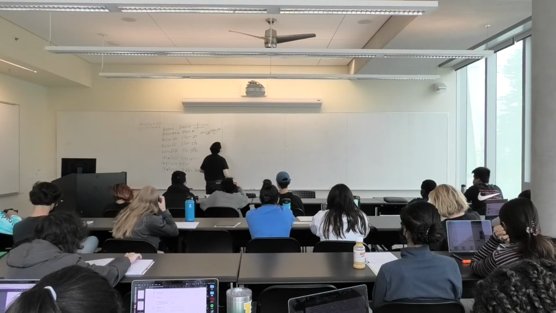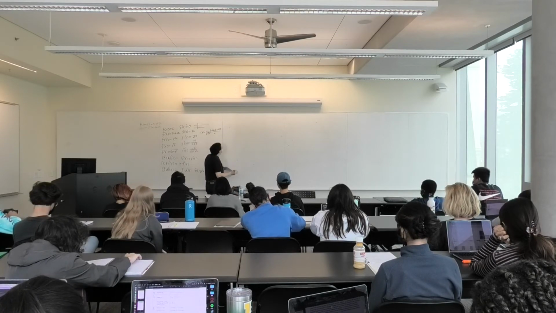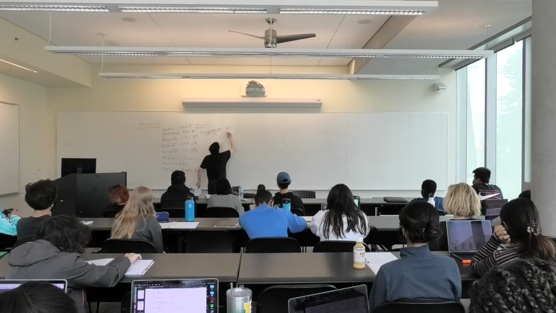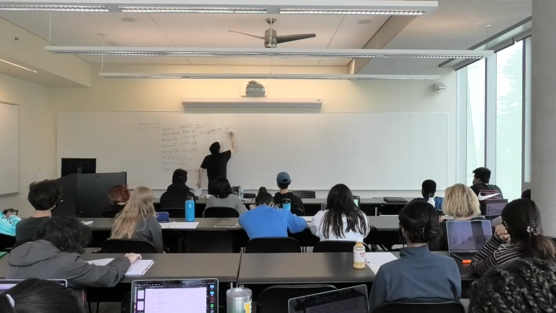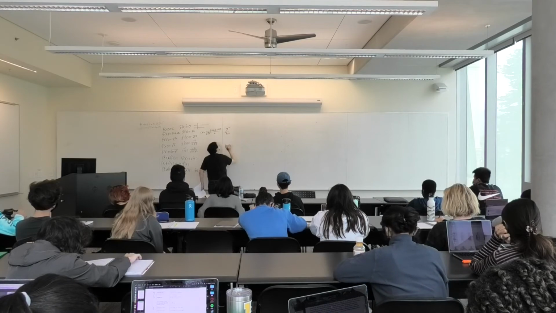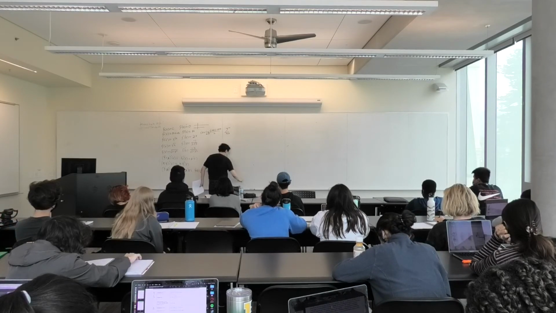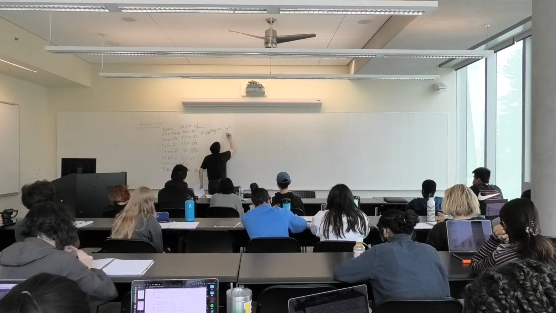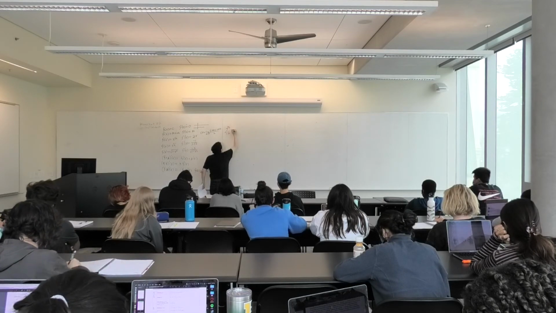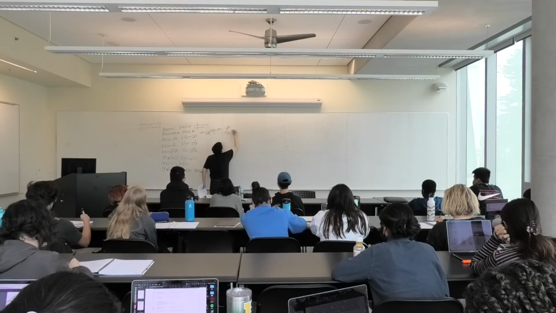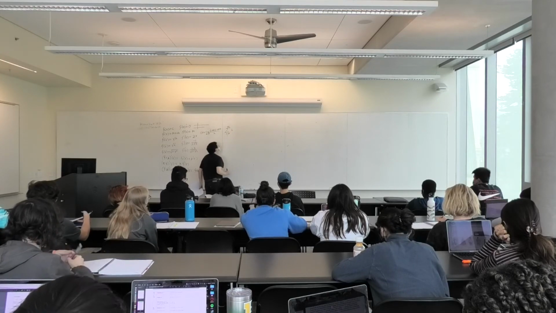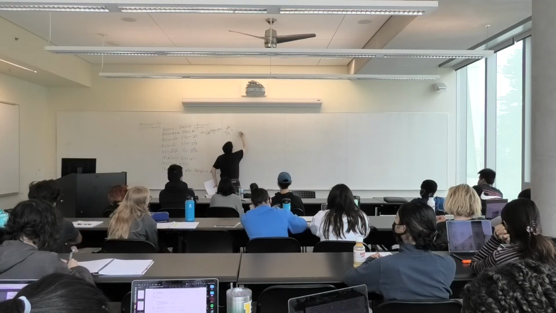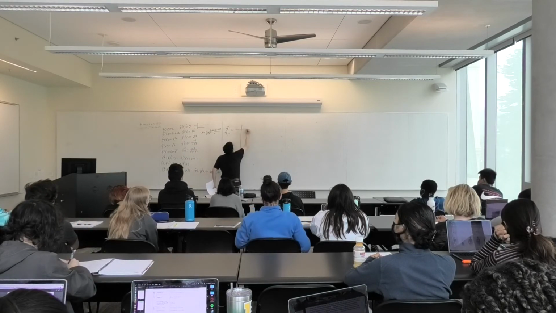So, let's say I was looking at the sum from I equals 0 to n of I. Well, what do I mean by that? Okay, a little chart.